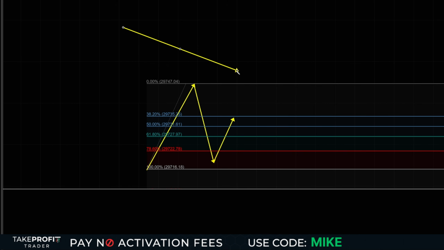Yes, but I would say more often than not, once we break the 78.6, even if we bounce up a little bit, it's going to be a much higher probability that we're going to come down and at minimum do a 100% retracement, which means that this retracement leg will continue to go down, down, down, and make it down to the 100% level or maybe even lower from that point on. So that's something that you do want to consider if you're looking to trade the Fibonacci extension levels.